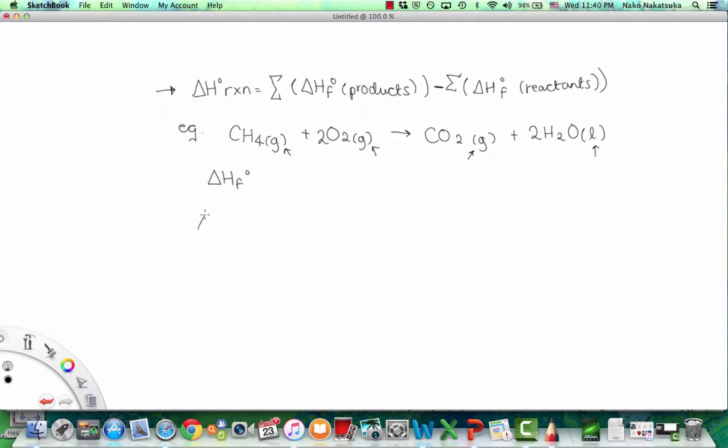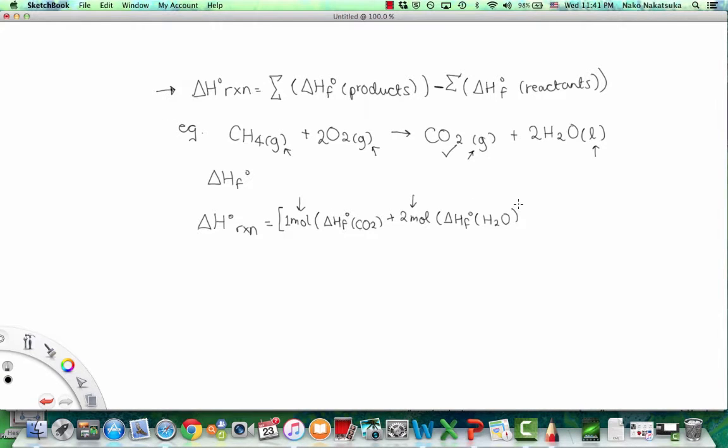The delta H of the reaction can be written as 1 mole of the delta H of formation of carbon dioxide, since remember you do products first, plus 2 moles of the delta H of formation of water. Again, it's really important that you balance your equation because you have to remember to put down the number of moles before the delta H of formation value.